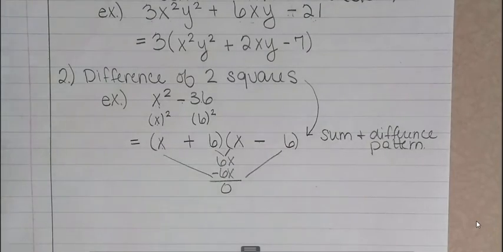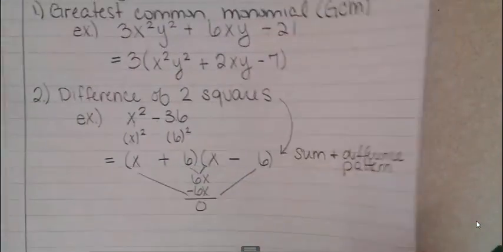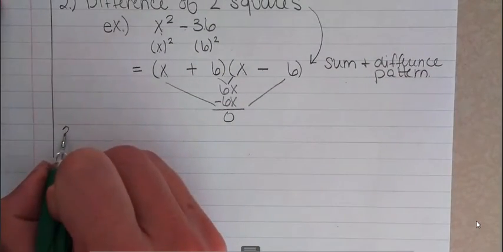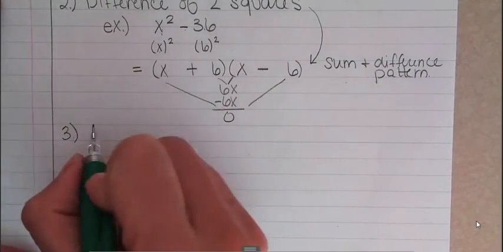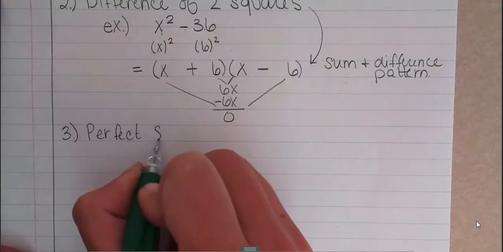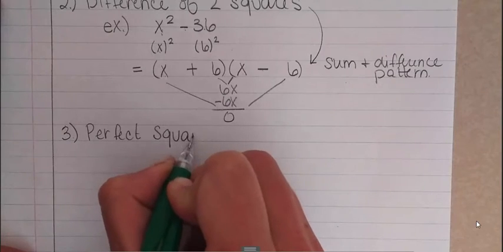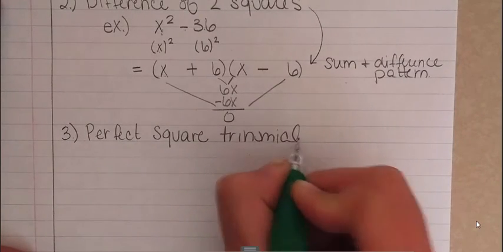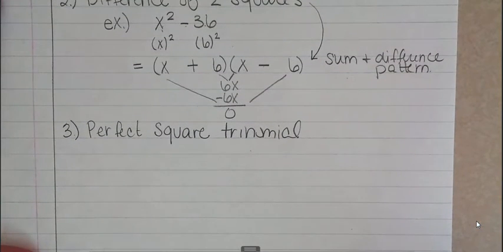Okay, if it's not a difference of 2 squares, because maybe it's not a binomial, then you'll go to your third friend. Your third friend is called the perfect square trinomial. This is another special pattern to recognize.